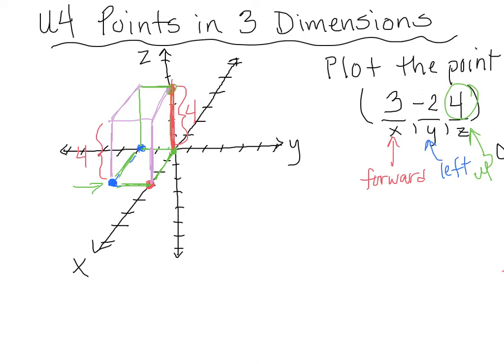And as long as this height here is that same 4, then I now have this point in this upper corner that is now a combination of all 3 of those numbers in the ordered triplet. It was forward 3 units, left 2 units, and finally up 4 units. And so this is my final spot for this ordered triplet.